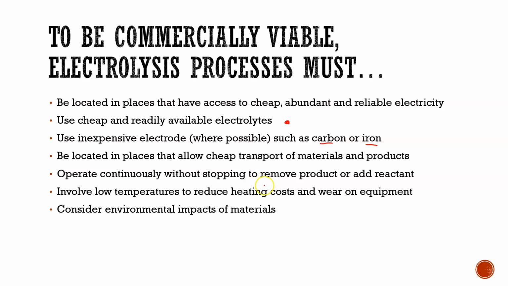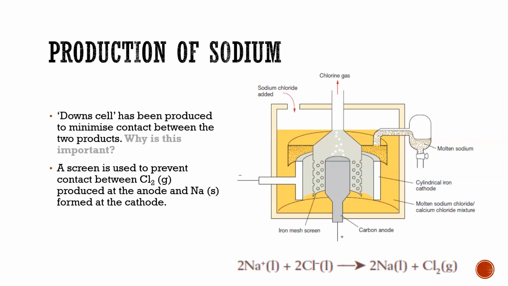So some way that we can siphon off our products from the electrolysis reaction efficiently without having to cool it down or stop the process in order to harvest our products. Where possible, lower temperatures to reduce the heating costs and wear on equipment, and consider the environmental impacts of the materials that we're using. So these are all things that need to be considered for our commercial process.